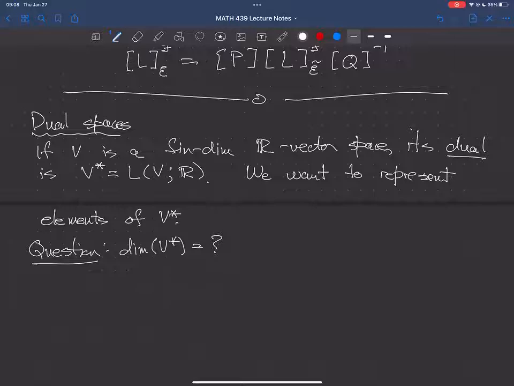Thank you. In this case, V is n-dimensional and R is one-dimensional, and so the dual is n-dimensional. So V star has the same dimension as V, and so it's going to have the same number of basis vectors in any basis as V, namely n.